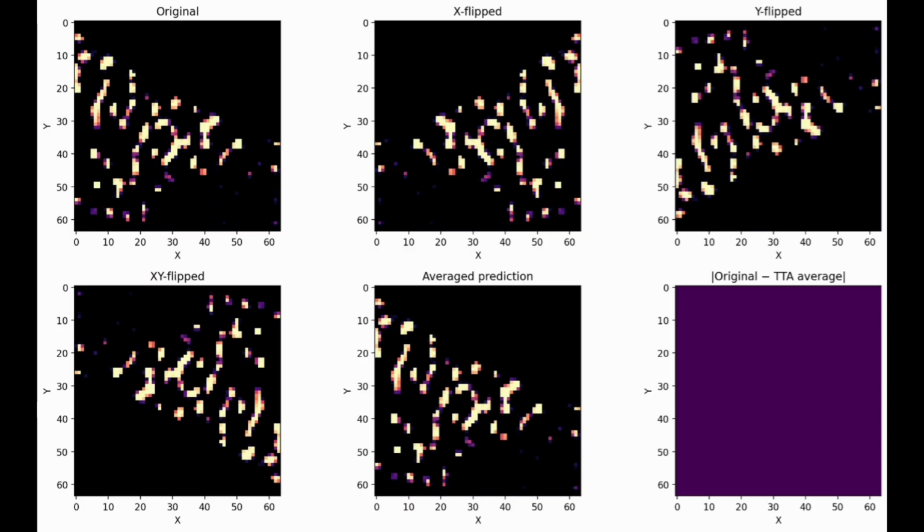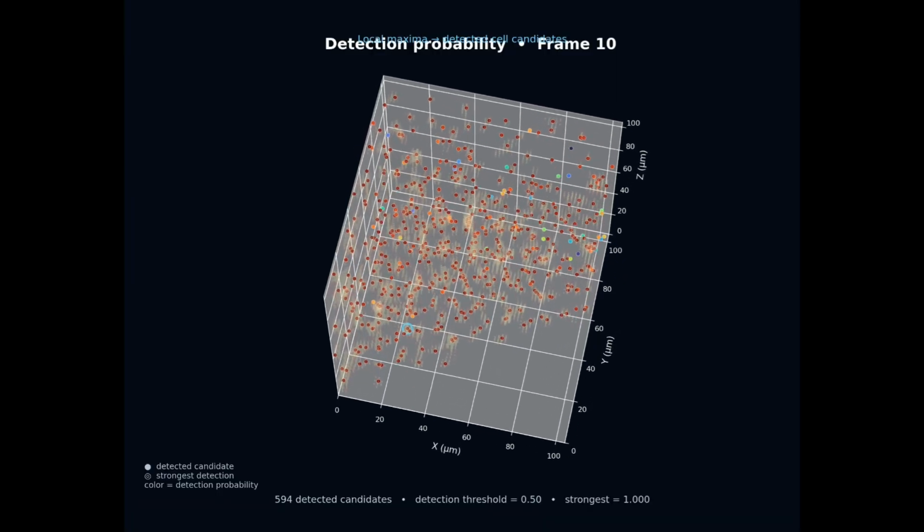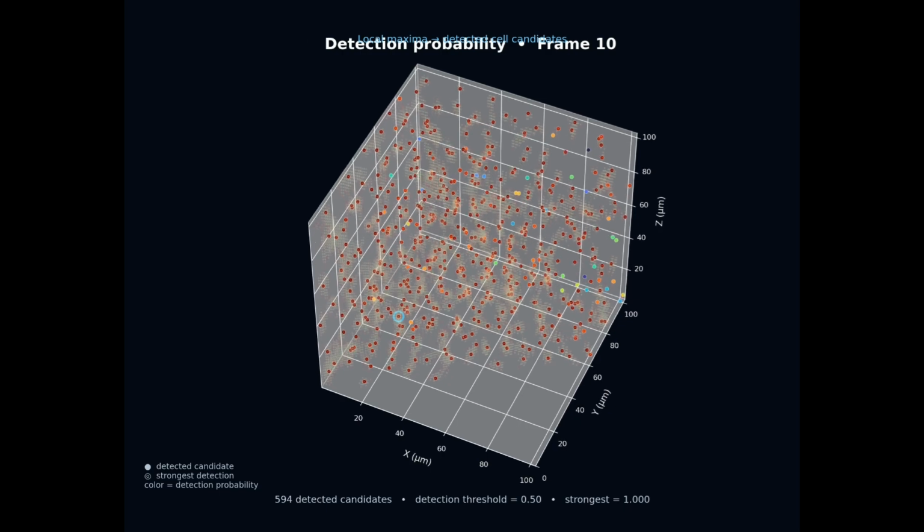Because we don't want that happening during training and prediction, we flip the images in X and Y and orient the image in multiple directions so that cells, on average, spread out. The model does not learn to be biased with regards to giving its predictions. And then we average out the logits and get the best prediction. That's a side note. But what exactly does this model represent as a cell, right?